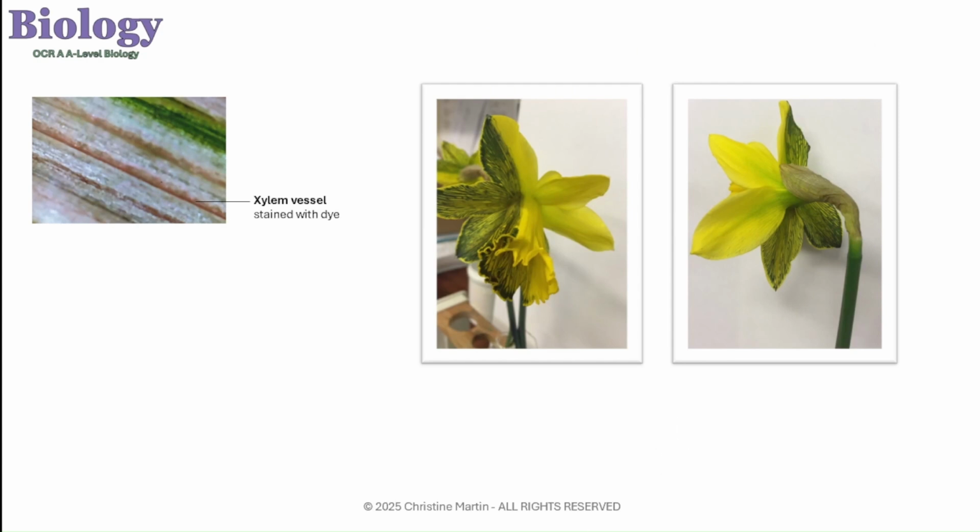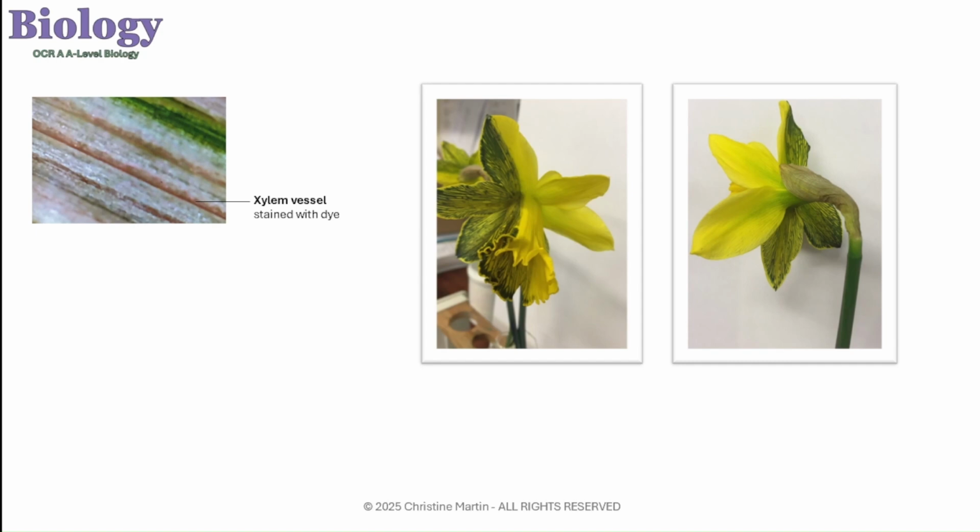The narrow diameter of the xylem vessel further enhances this capillary action, supporting the continuous water transport from root to leaves. So, if we're wanting to visualize this, to observe how water and mineral ions are distributed up the xylem vessel, we can do this by placing plant stems in water containing a strongly colored dye. The dye will be carried along with the water up the xylem vessel, staining the walls.